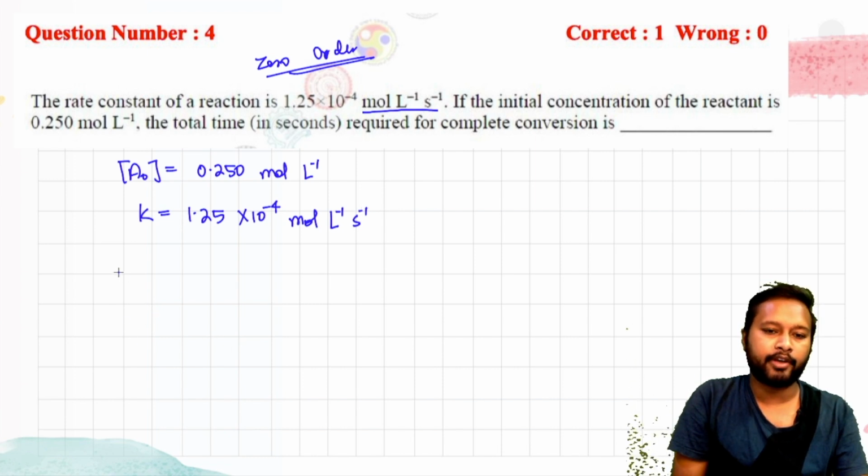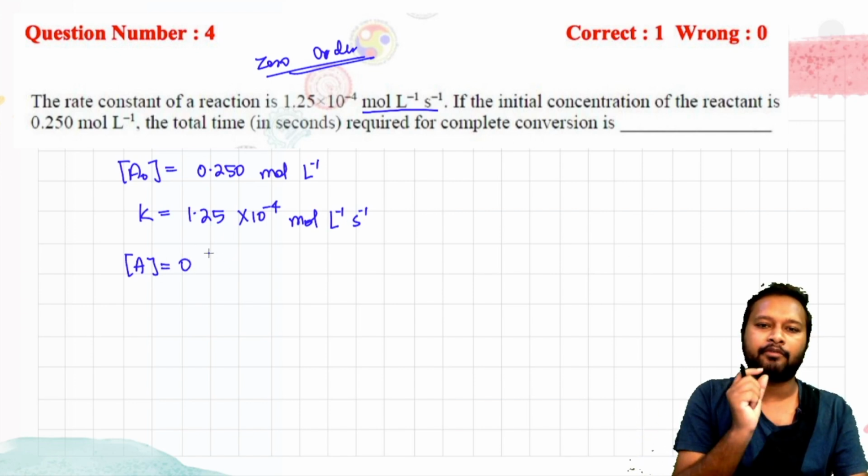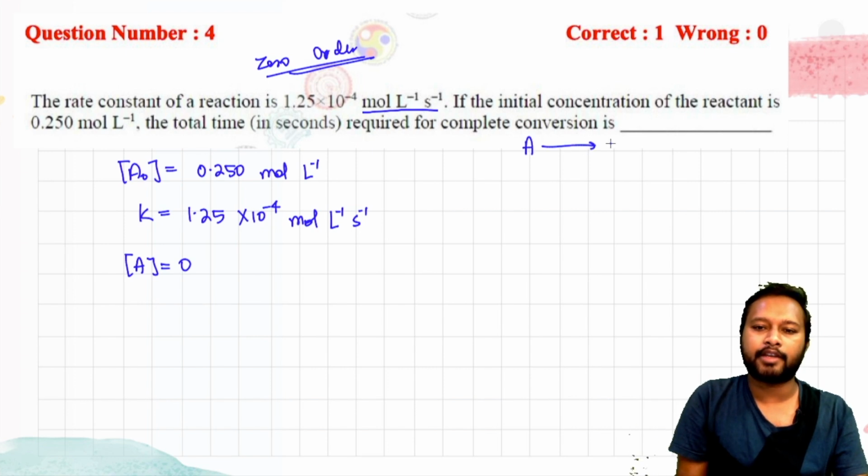Now you calculate for when this is complete conversion, meaning final concentration of reactant becomes 0. Understand this: if reactant is getting converted into some product P, let's say initially it is 0.250, this was the initial concentration, product was 0.